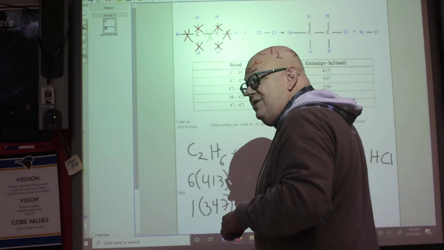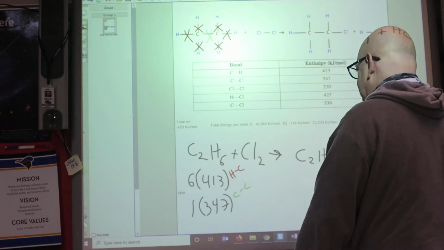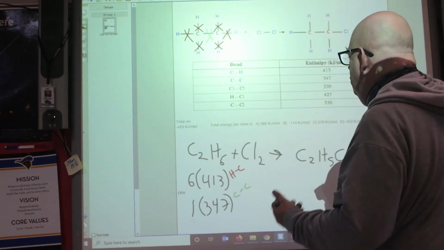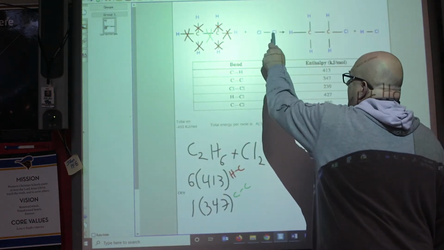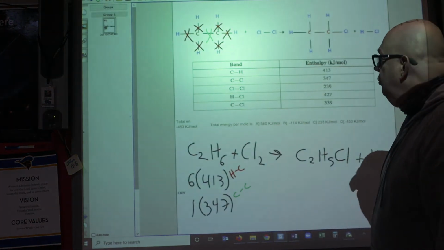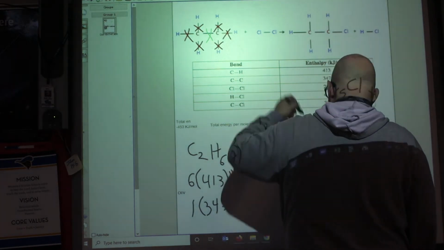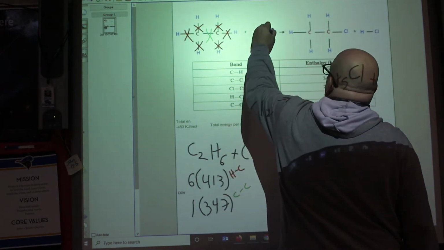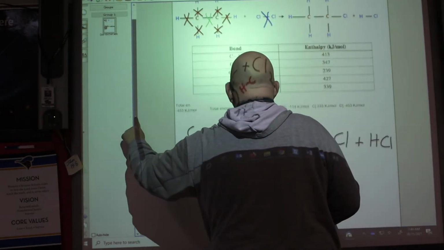Any questions? With that, I'm hoping you guys see what's going on. Now, we also have on our reactant side the Cl2. The Cl2 does also break. We know that that's going to break as well, so let me mark that off with blue and bring that down here.